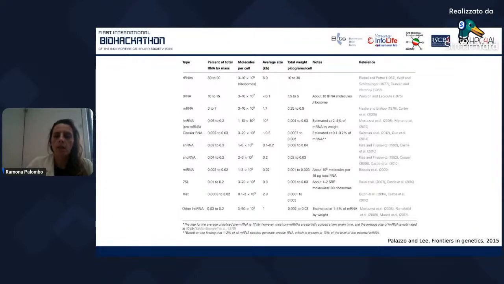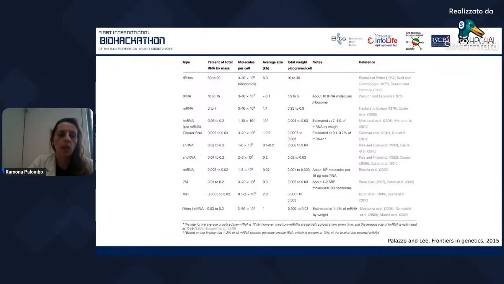So just a little deeper into detail, we can see that ribosomal RNAs, for example, could be very long, taking an average size of 6-7 kilobases, and they are well represented in the transcriptome. But the RNAs that encode for proteins, so the pre-messenger RNAs, could be very long, but they are low in number.